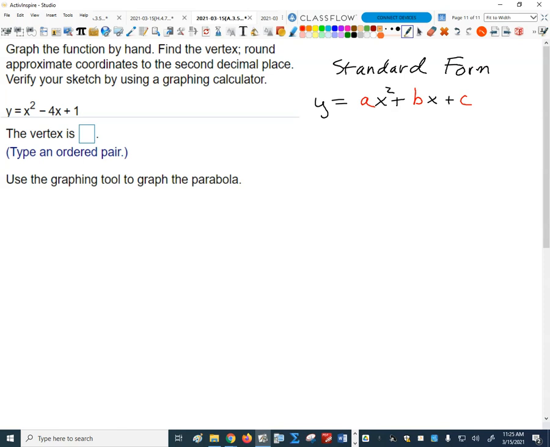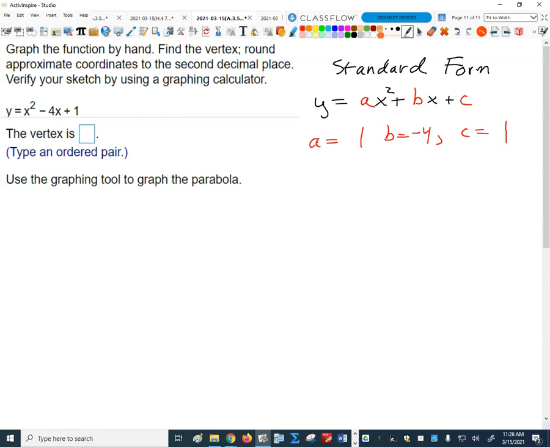So what are the values of a, b, and c for this function? Okay, 1 is the coefficient of x squared, -4 is the coefficient of x, and 1 is the constant, right? So 1, -4, 1. Good.